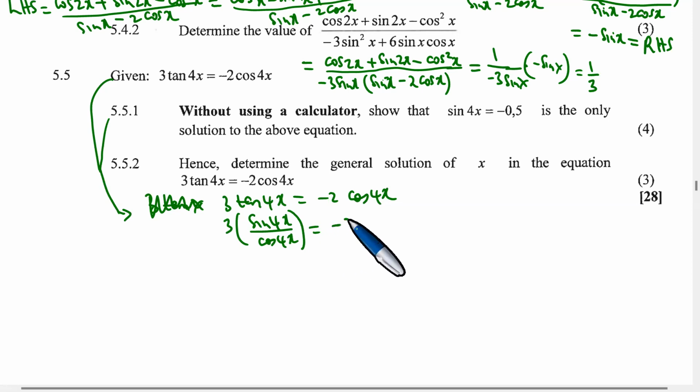Minus 2 cosine 4x, which is 3 sine of 4x minus 2 cosine squared of 4x.